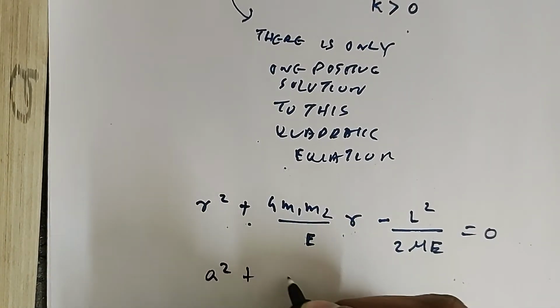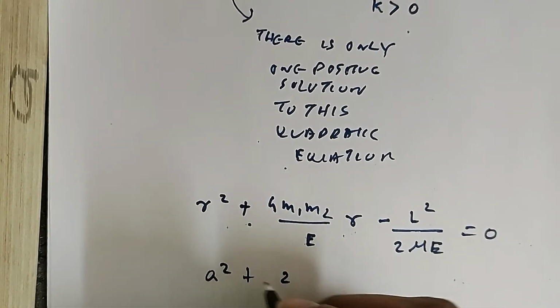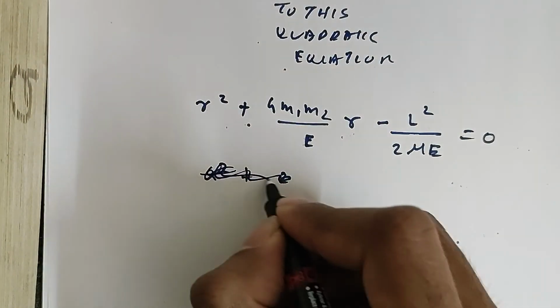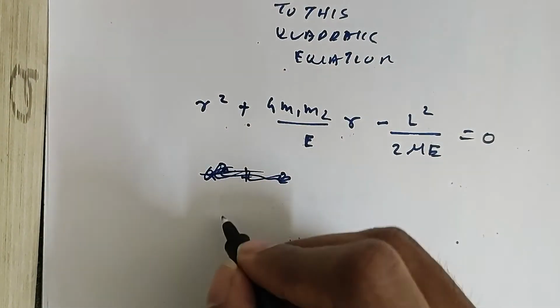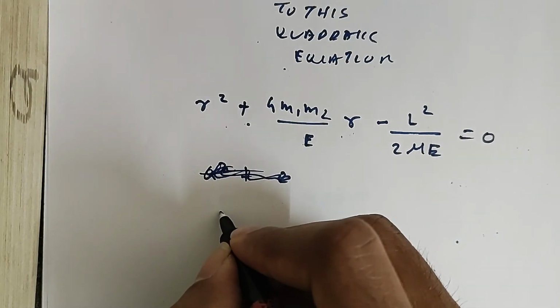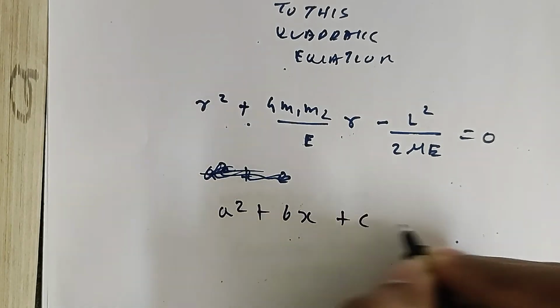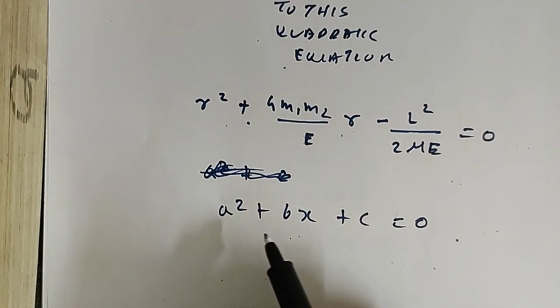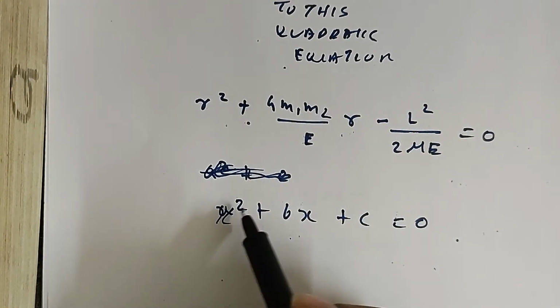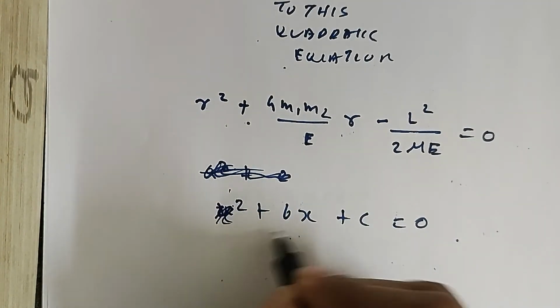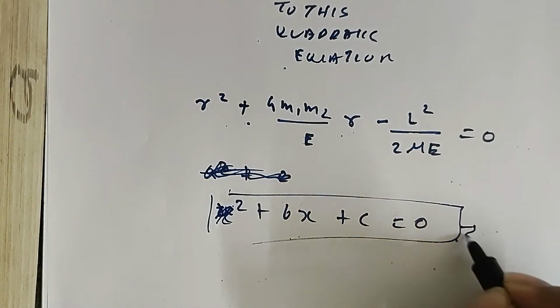This is of the form x squared plus bx plus c is equal to 0, a quadratic equation form.